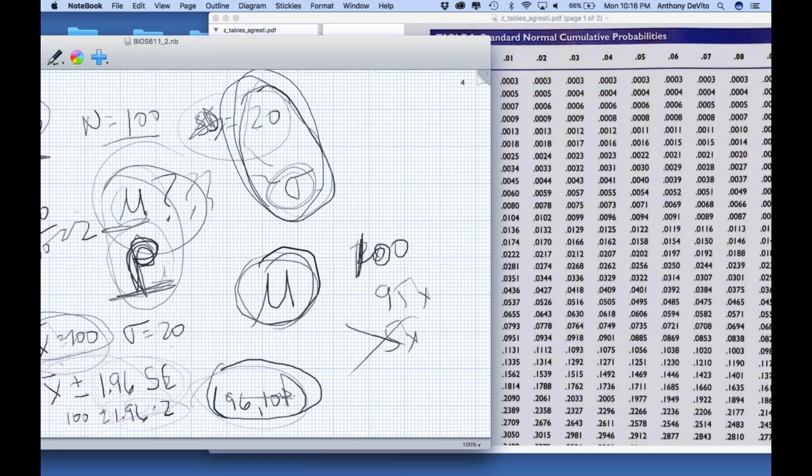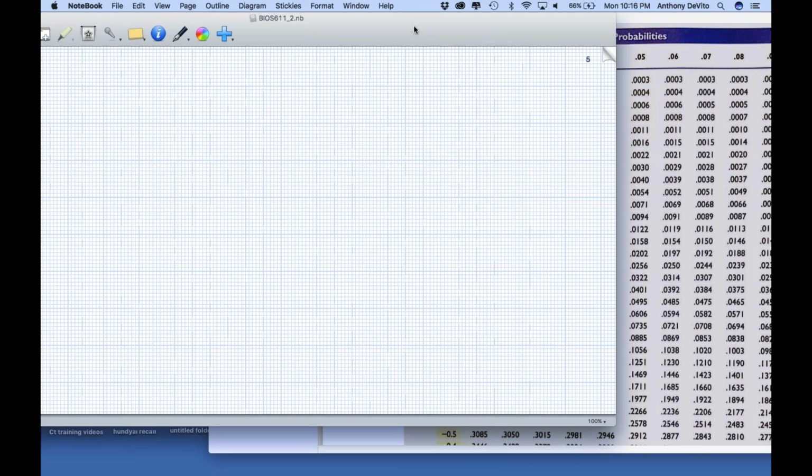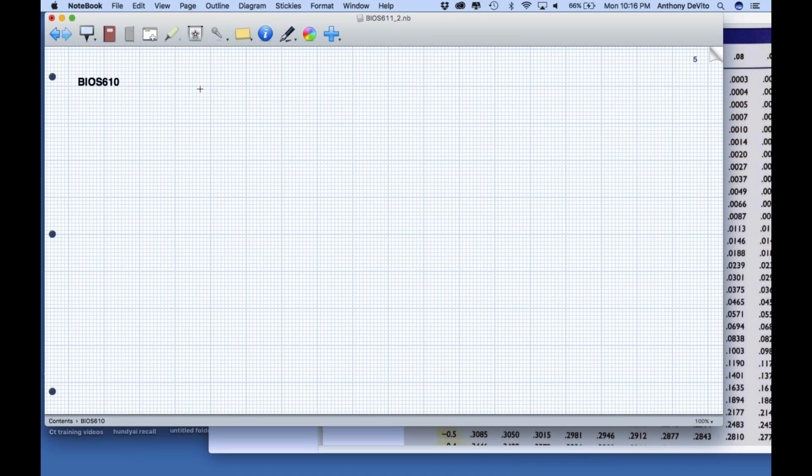Well, I can extend this a little bit further. Let me take that same distribution. X bar is equal to 150. The standard deviation, which I happen to know, normally I might not, is equal to 20. My sample size is equal to 100, so my standard error is 20 over the square root of 100, which is equal to 2, just as we saw before.